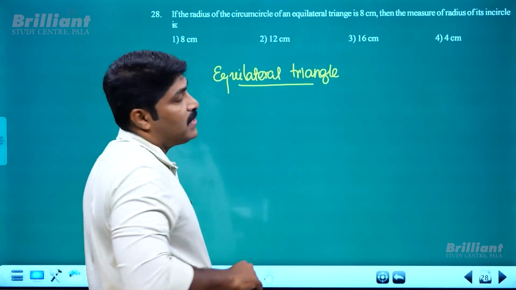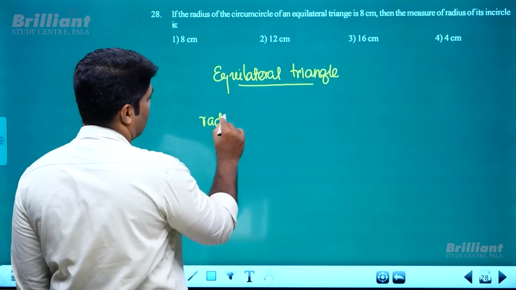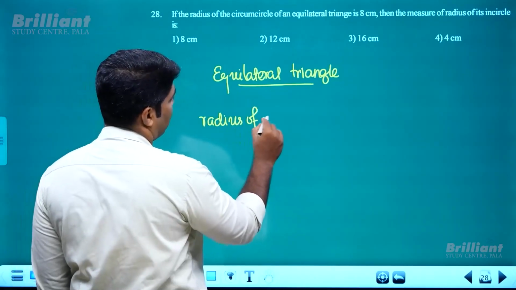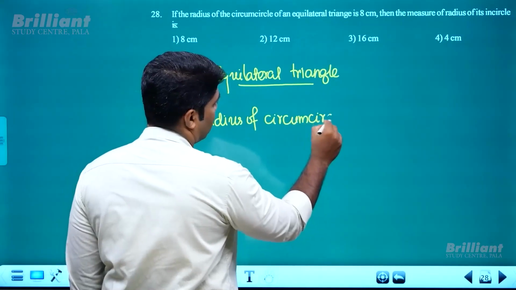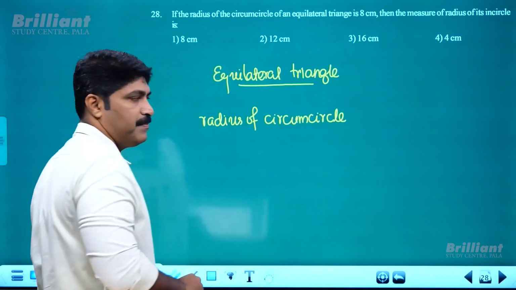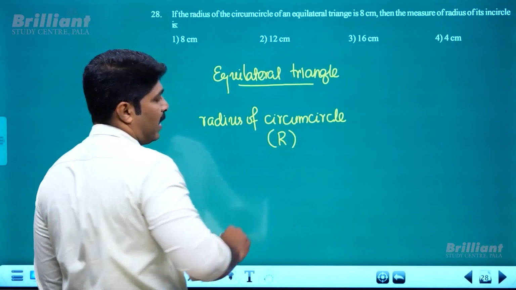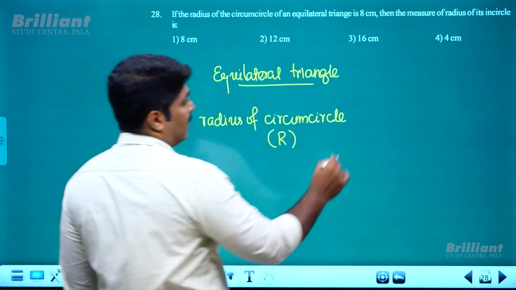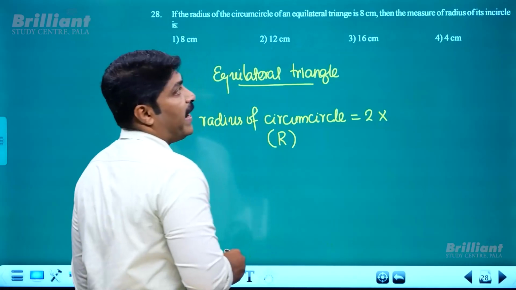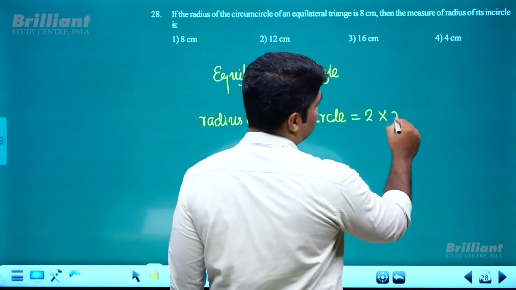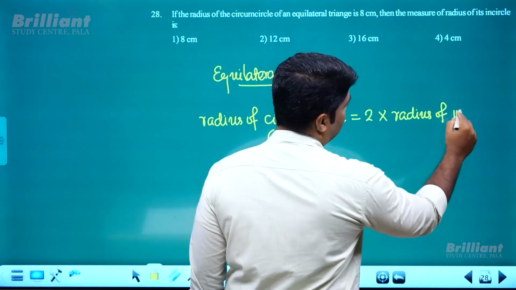The radius of the circumcircle, or simply called circumradius, we usually express as capital R. This is 2 times the radius of the incircle.